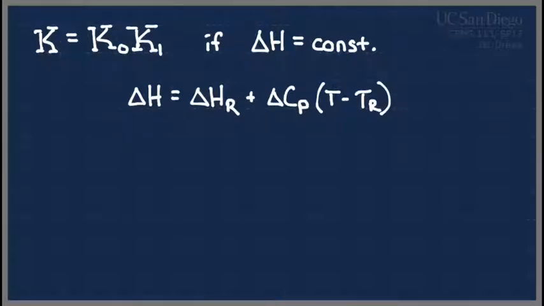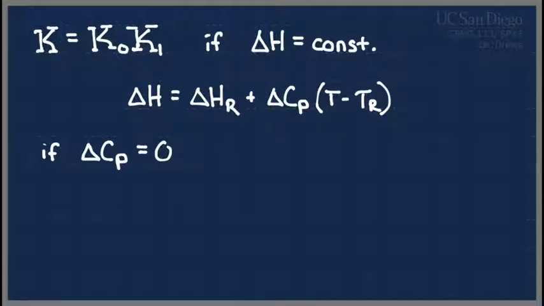So if we're going to use the shortcut K, which is what we have up there, K naught times K1, and we know that we are now assuming that the enthalpy of reaction changes according to this particular equation, the only time that delta H is exactly equal to a constant value is if delta Cp is exactly equal to 0.